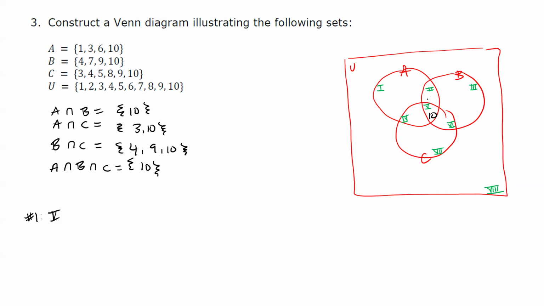Okay, so A and B also share 10. And that's the only number that they share, which means that there is nothing in region number 2. There's nothing here. It's the empty set.